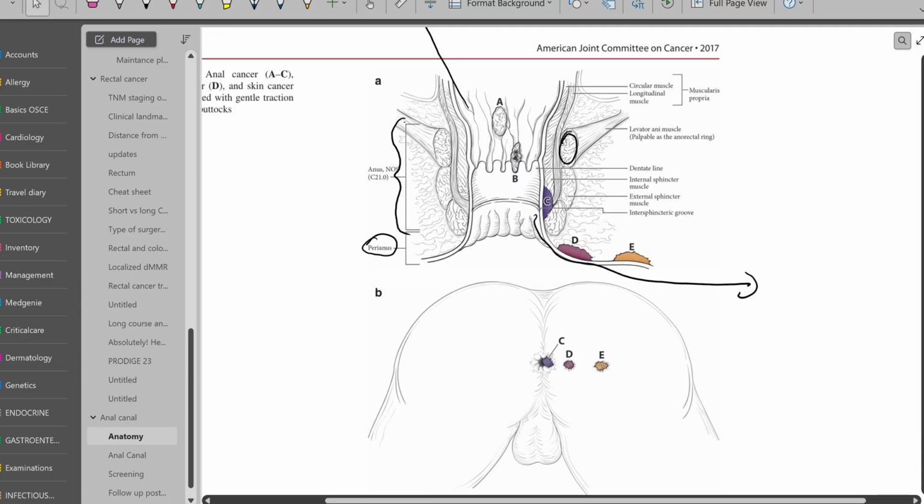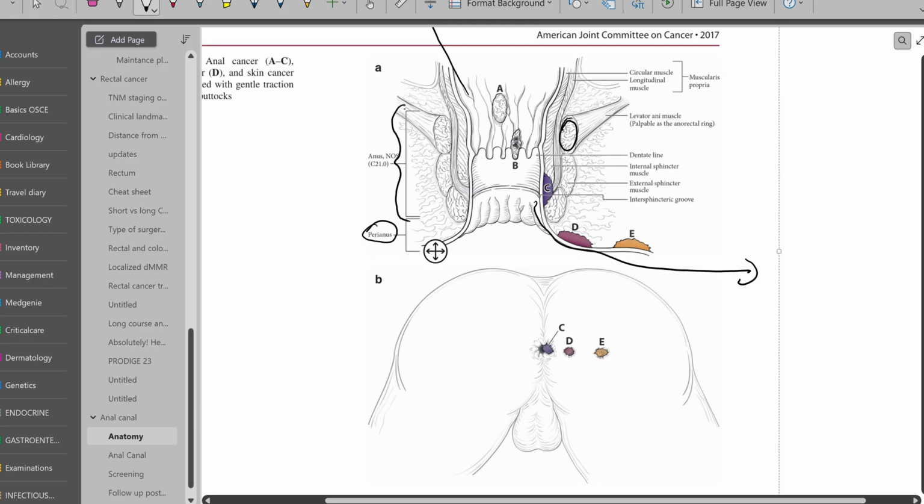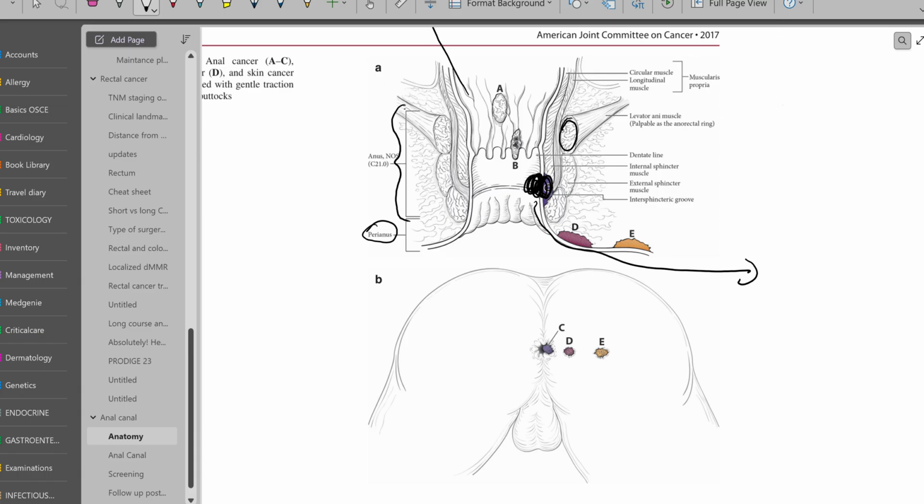If you look here, C is a tumor growing in the lower anal canal, A is a growth in the upper anal canal, and B is a growth in both parts of the anal canal. Here you can see the internal sphincter muscle and the external sphincter muscle.